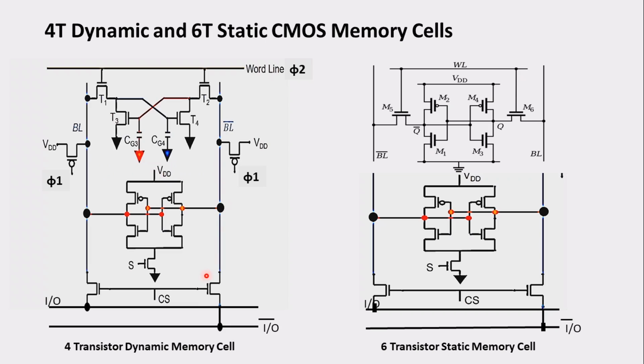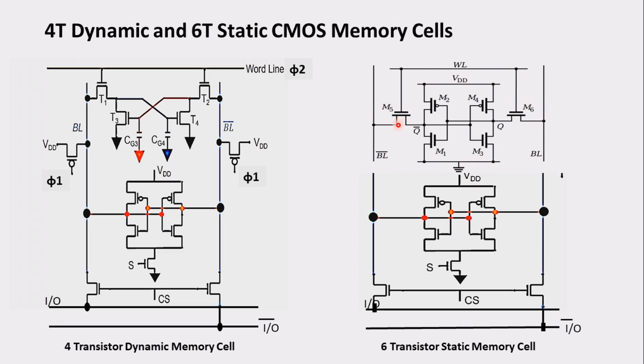The below part over here, this VDD, S and then CS, is, as we had said, like the sense amplifier we specified in the one transistor DRAM. So this particular circuit is meant for what? It is meant for sensing the values which we are going to read on these bus lines. And here you can observe the same thing. The upper part here is going to be a 6 transistor static RAM cell.